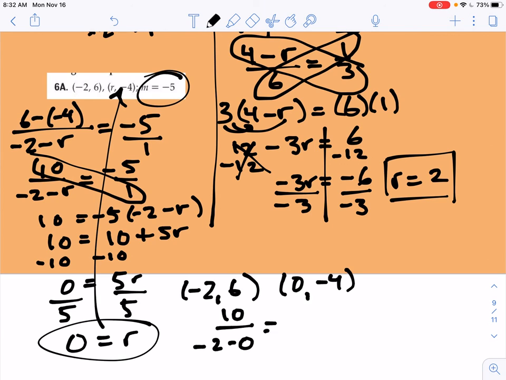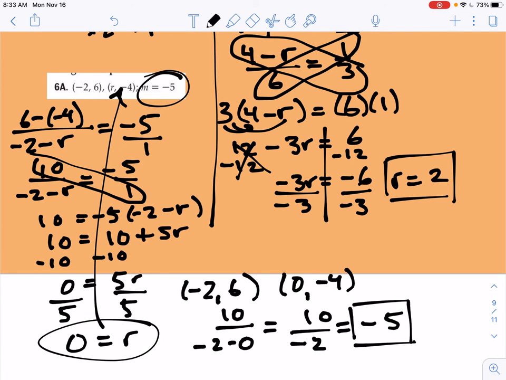I did not make a mistake. Thought I did. Thought I was going to have to go back and redo this whole video. So 10 over negative 2 gives me negative 5. And that is my slope. My slope is negative 5. And so this worked out nicely. All right, and so you see why I like to check my work. I always want to make sure I'm doing the right thing, especially if I'm teaching it to you guys.